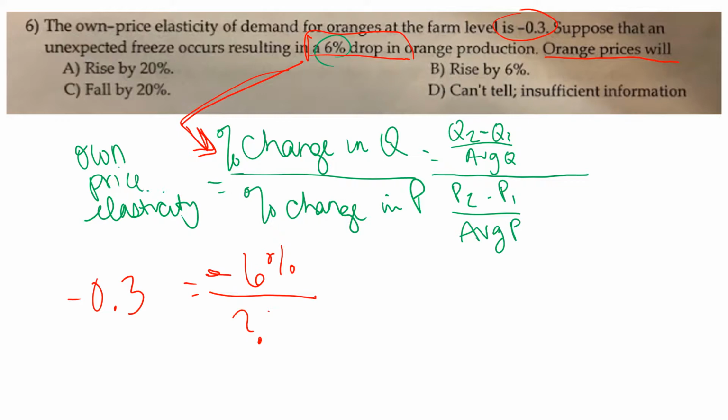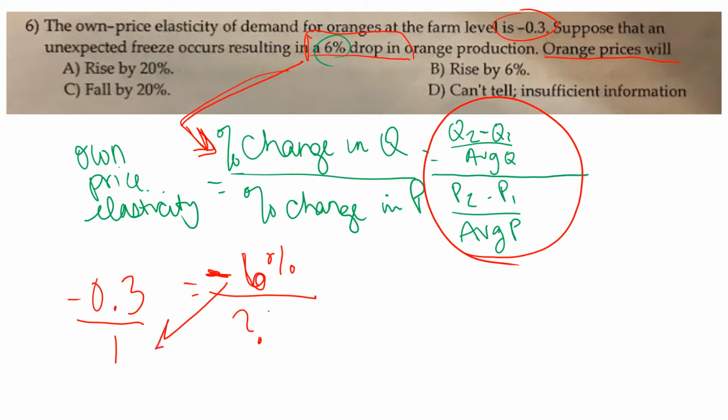Actually, we don't even have to look at that part of the equation because the percents have already been figured out. So all we need to do here is cross multiply and divide. We need to figure out what number we can divide 6% by to get 0.3.